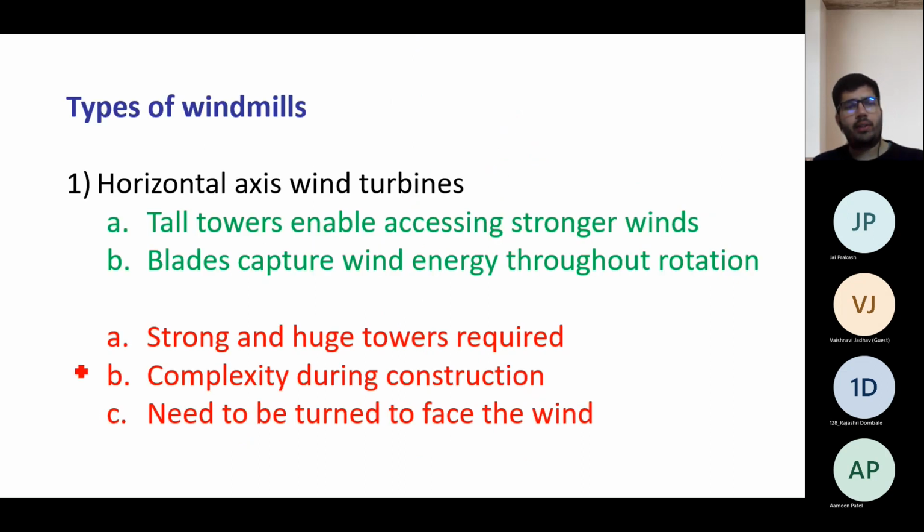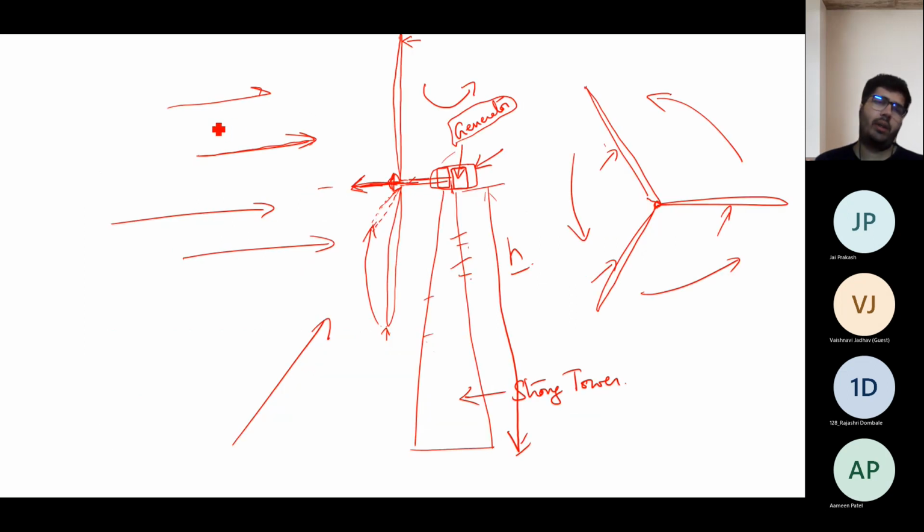That's why we require strong and huge towers. Suppose the wind direction changes; then you need to rotate your wind turbine so that it faces the wind head on. It will then generate the maximum power.